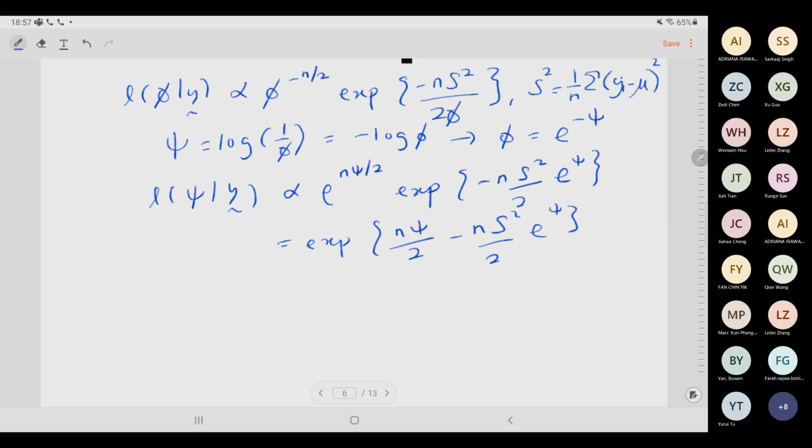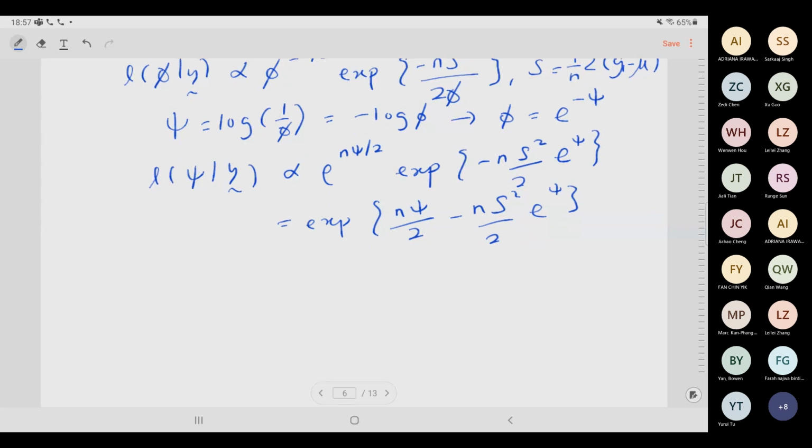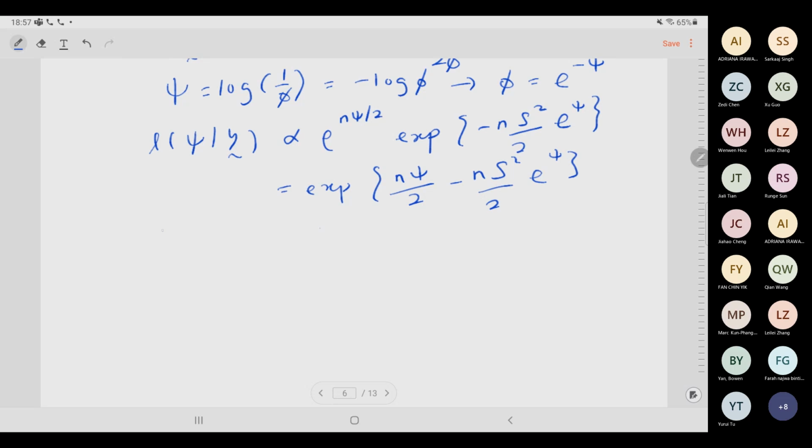If you have data, and now your parameter is your eta, then it must be a function of eta minus your sufficient statistic t. This involves certain maneuvering.